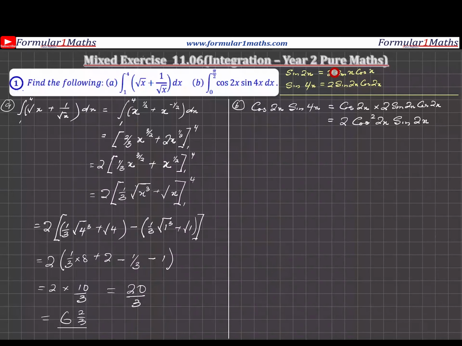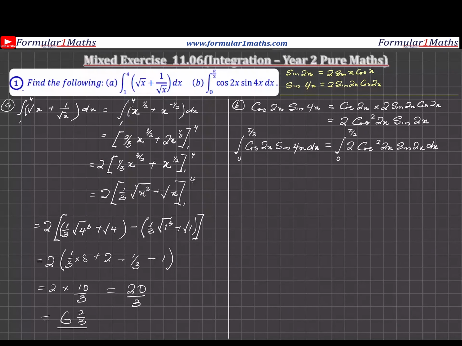If I do that, the integral of cos 2x sine 4x dx will be equal to the integral of 2 cos squared 2x sine 2x dx, with the limits from 0 to pi over 2.